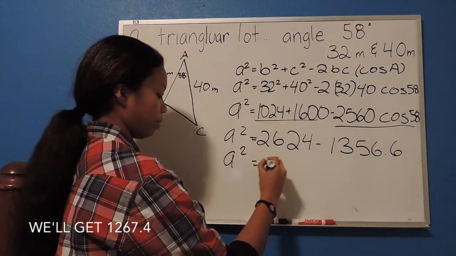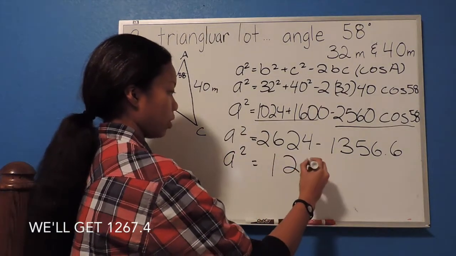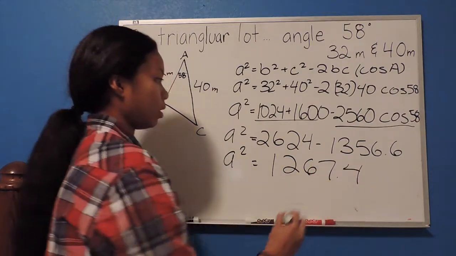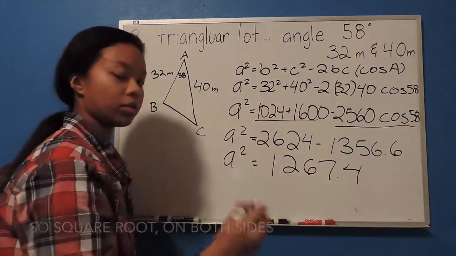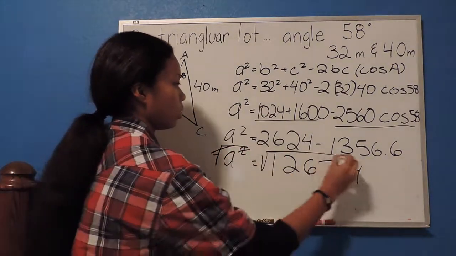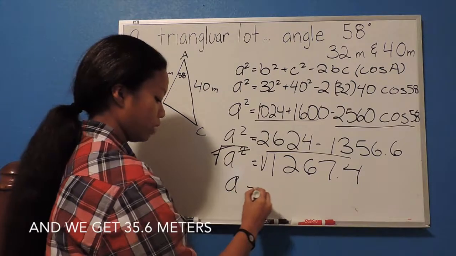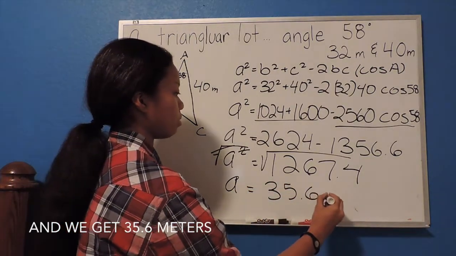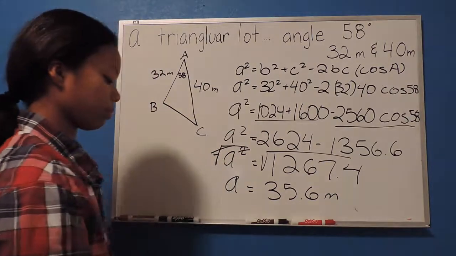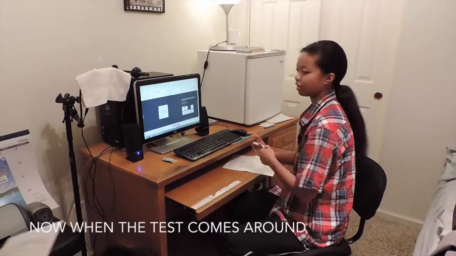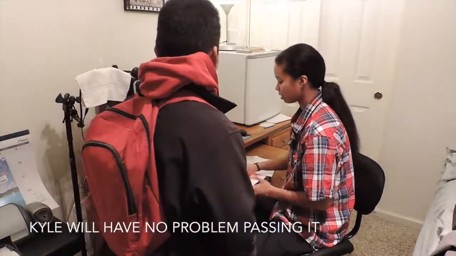We'll get 1,267.4. We need to cancel this out. So square root on both sides. And we get 35.6 meters. Now when the test comes around, Kyle will have no problem passing it.